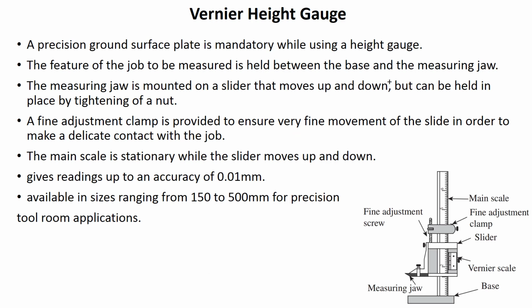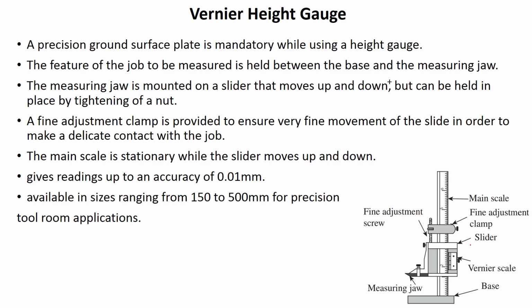Vernier height gauge. There are some points which we have to remember. First point is about the base, and the object will be placed over the base. The main scale is fixed, and the vernier scale will now slide. In this case, the vernier scale will move up and down. In the vernier depth gauge, what was happening?